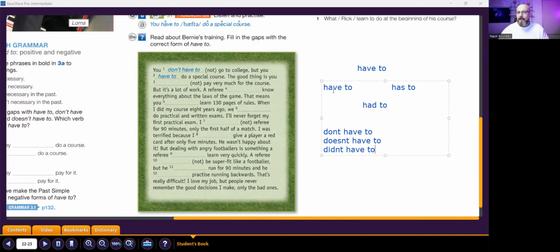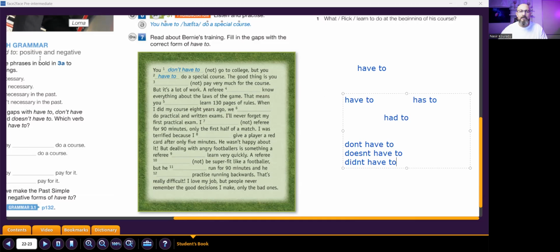Okay, and we know that we explained in the grammar, we use I, you, they, we, have to, he, she, it, has to, and with had to, past simple, all the subjects. The same, don't have to, I, you, they, we, don't have to, he, she, it, doesn't have to, and all the subjects didn't have to. So you use all of these.